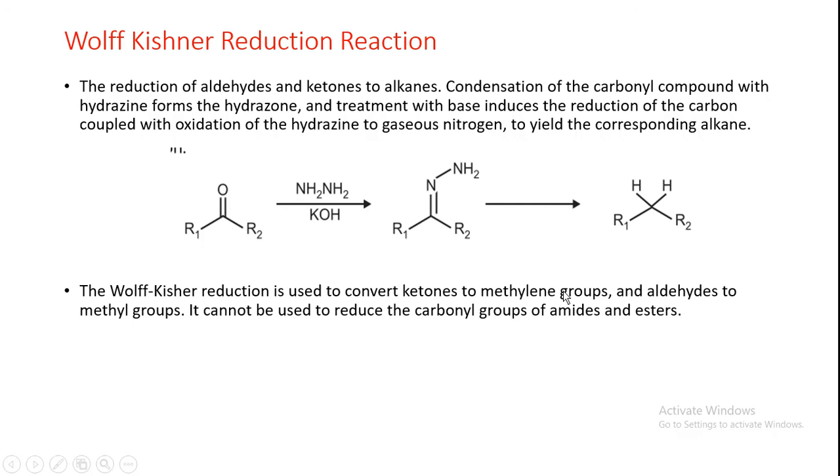That means CH2 group. It cannot be used to reduce the carbonyl groups of amides and esters. So in amides and esters, we know there is CONH2 and COOR, that is ester. Those carbonyl groups, C double bond O, cannot be reduced by this Wolff Kishner reduction.